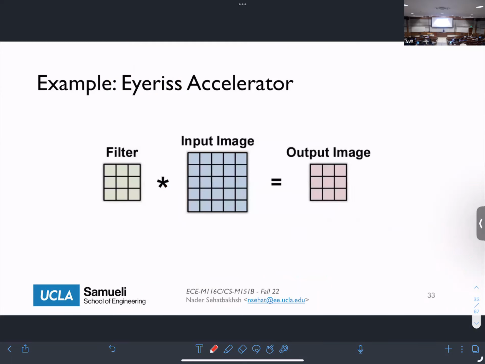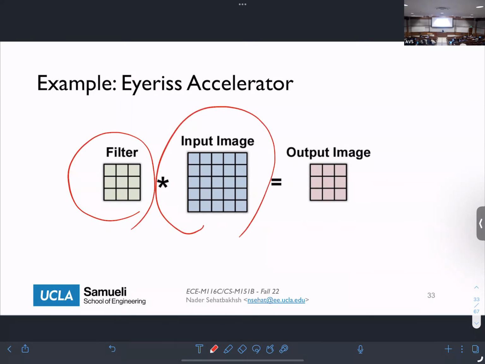What we want to do is a matrix multiplication. Matrix multiplication, as you know, typically has 2 inputs. One is the filter and the other one is the input image, and the output is the result of this multiplication. The filter for machine learning is typically what you train for your model. Your model will be a bunch of neurons, and each neuron is typically just one filter or a group of filters for different channels in your image.